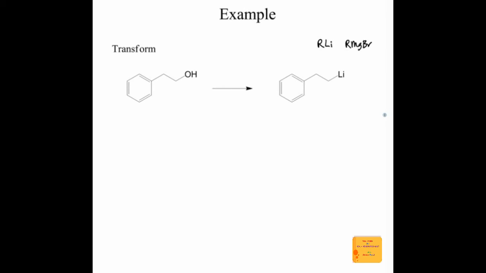And anytime you want to make an organometallic reagent, and we do a retrosynthesis, and we say, what starting material do I need? What functional group do you have in order to create an organometallic reagent? Well, you need some kind of halide here. And in this case, because that halogen gets replaced by the lithium, it doesn't matter what halide you have.